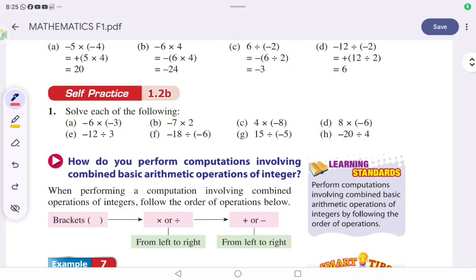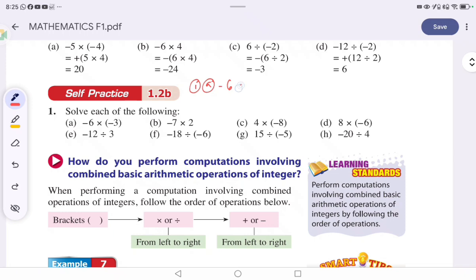Okay, now look at self practice 1.2b. Solve each of the following. Number 1a.